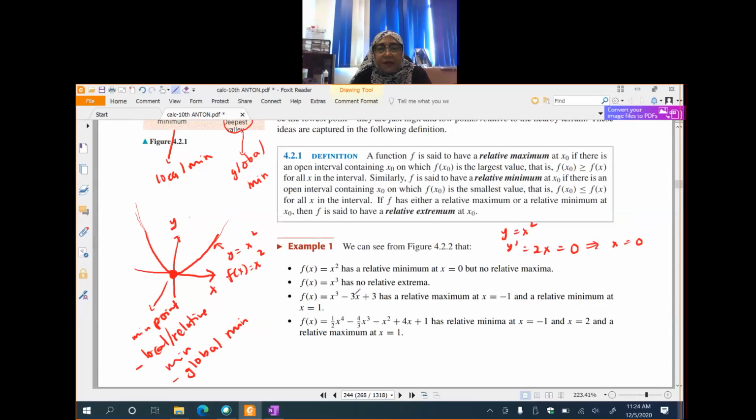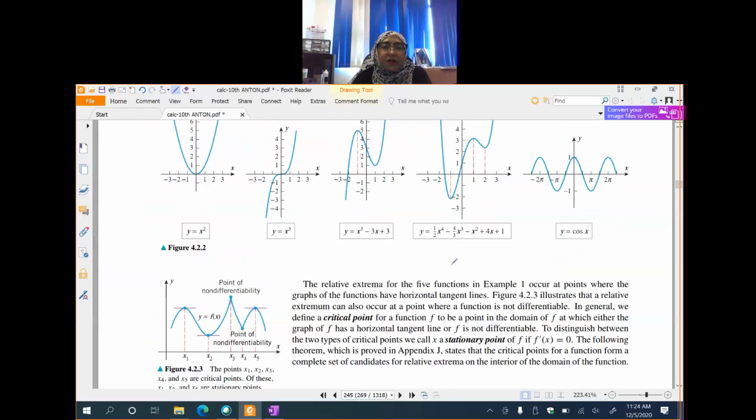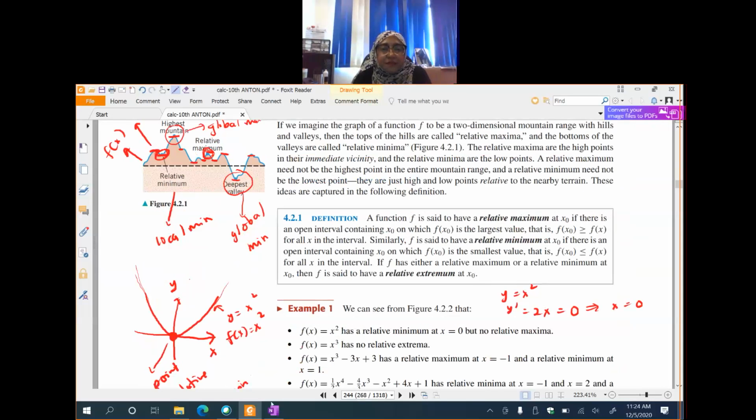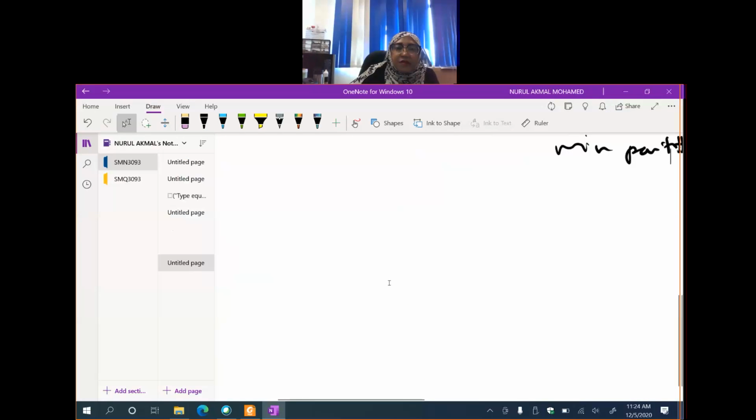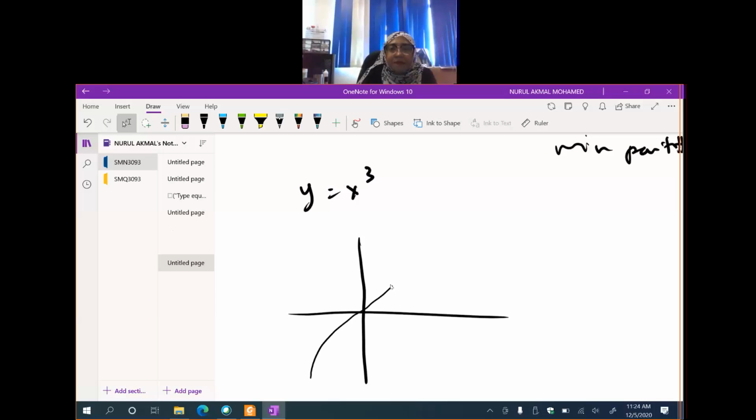And then we have y equal to x cubed, which has no relative extrema. For y equal to x cubed, the graph will look something like this. It has an inflection point here.